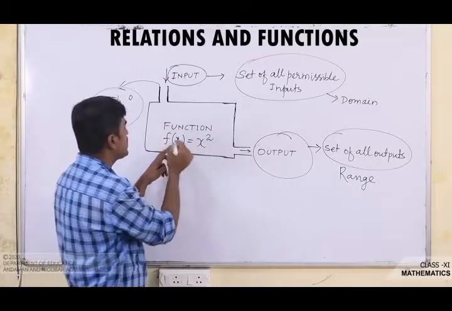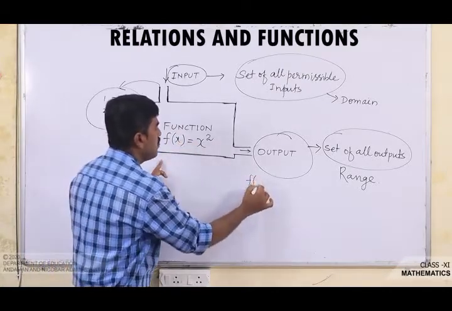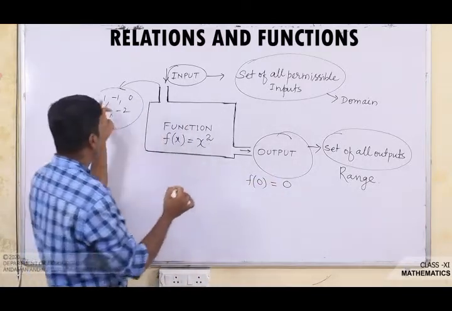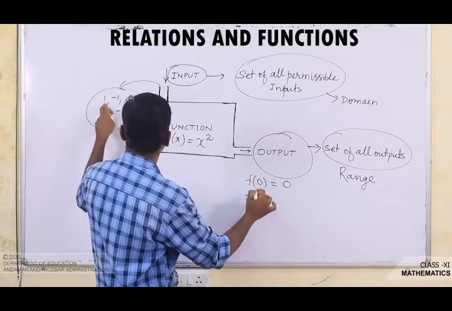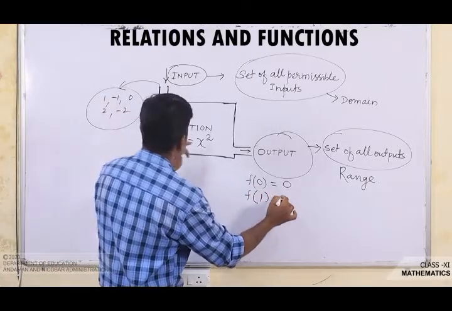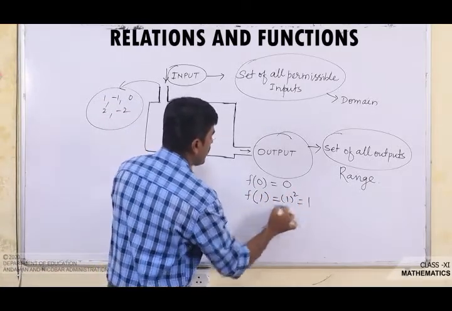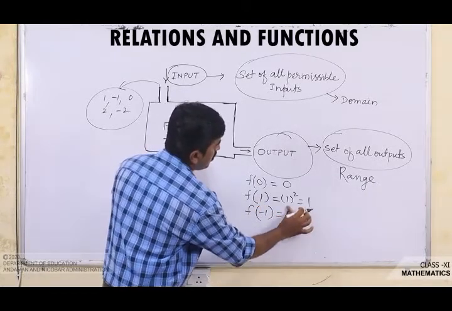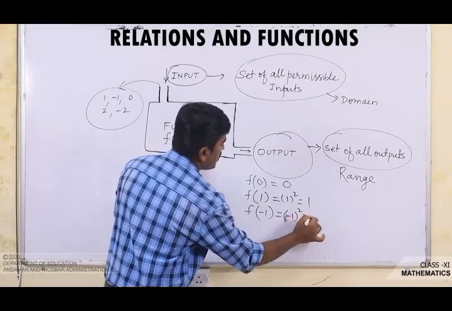If we put x equals 0, then we get f of 0, which is 0. If we put x equals 1, we get 1 square, that is 1. If we take x equals -1, then it is -1 square, so it is again 1.